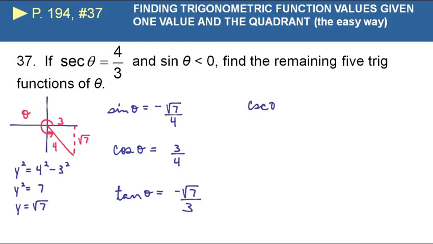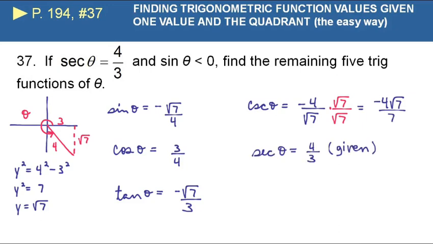Then the next 3 functions we can get by doing reciprocals of the first 3. So the reciprocal of sine is cosecant, so that will be negative 4 over square root of 7, but we should rationalize that and get negative 4 square root of 7 over 7. Secant was given to us in the problem, and cotangent is the reciprocal of tangent, so it's going to be negative 3 square root of 7 over 7.